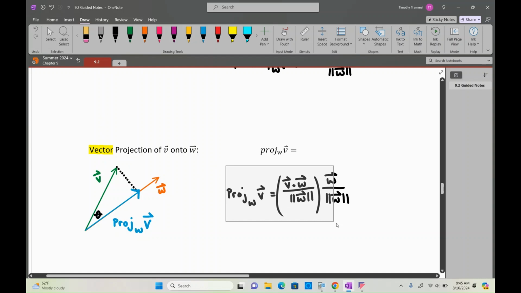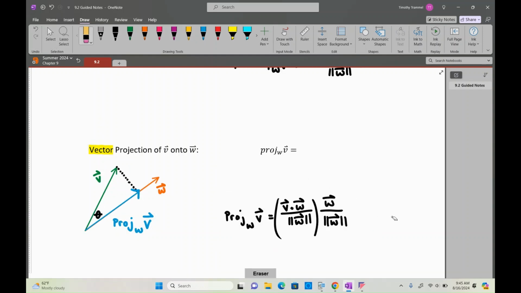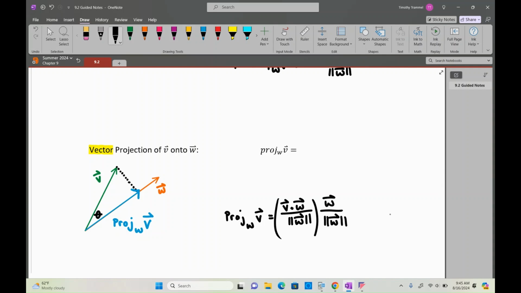Since we are multiplying here, and this magnitude of w and magnitude of w are both scalars, we won't have any issue putting those together here. And so I will do just that.